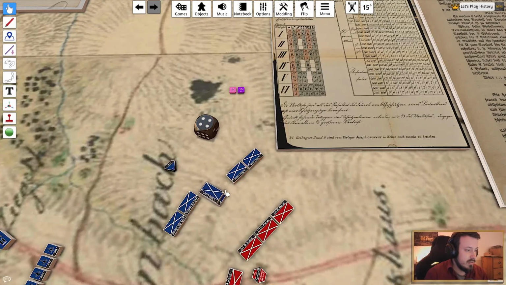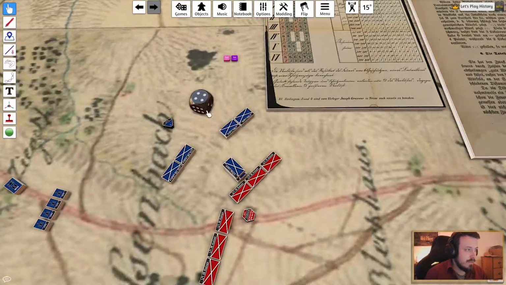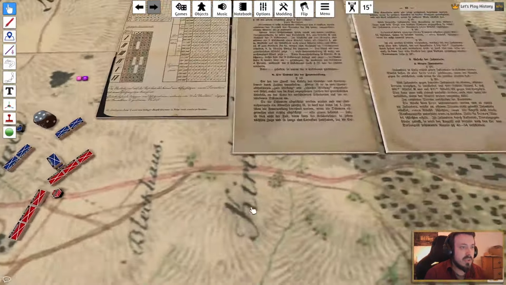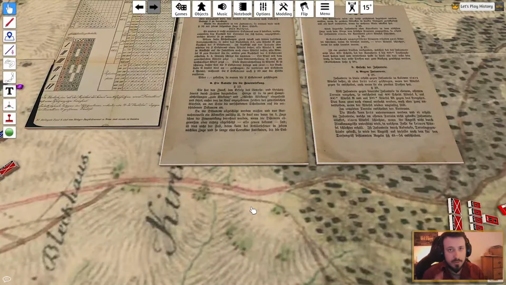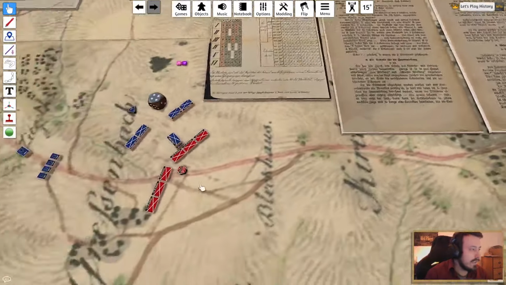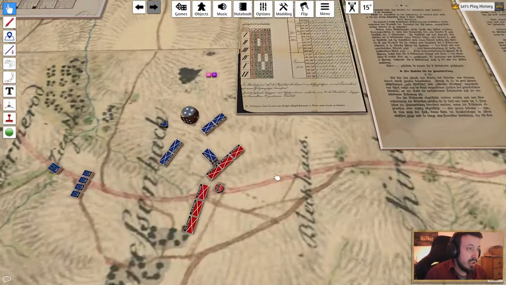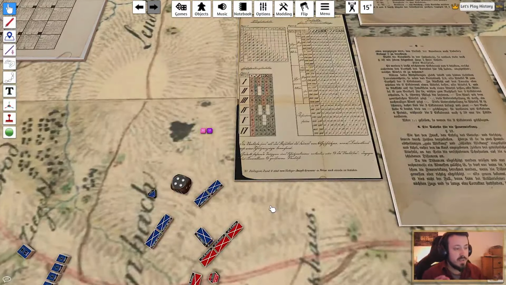Now let's assume they were successful and they reached that position. They have been fired upon by this line, of course, taking losses while they approach, because all the resolution is simultaneous. Now we get into a close combat situation, and we have to assess the strength of both units.